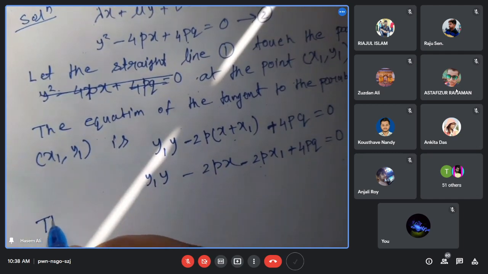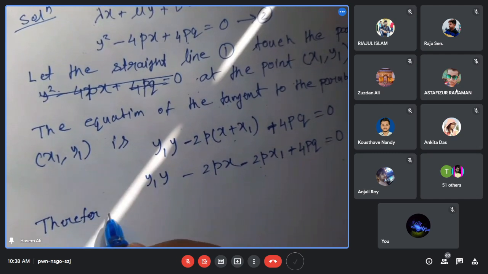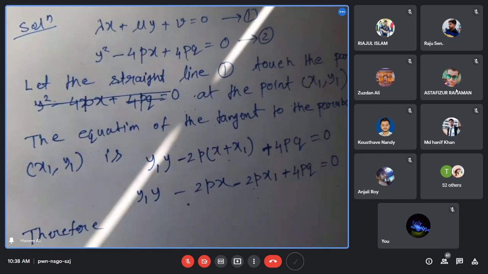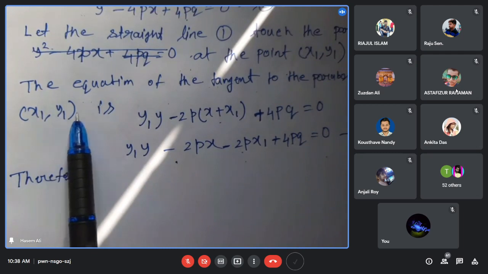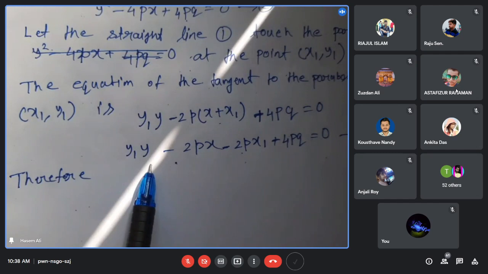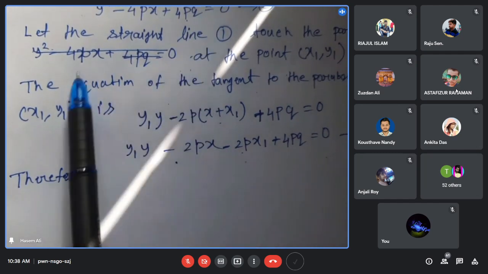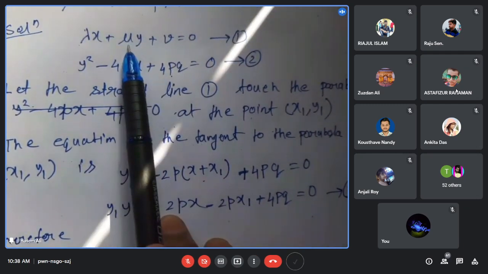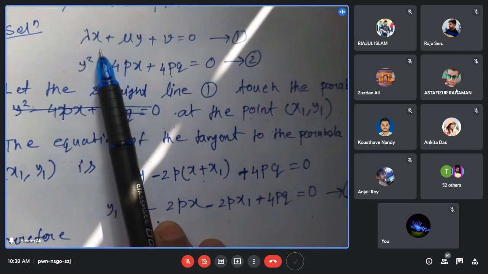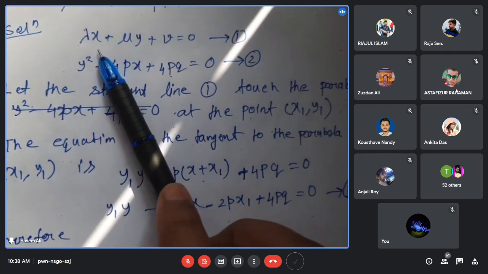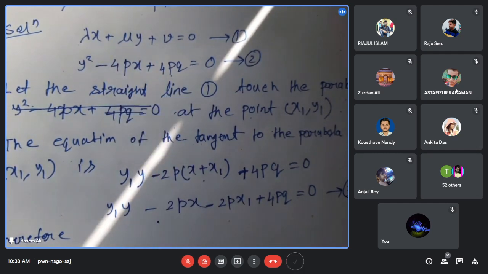Therefore, this is the equation of the tangent to this curve 2 at the point x1, y1. But we have assumed that the equation of the tangent at this point is equation 1, lambda x plus mu y plus v equals to 0.